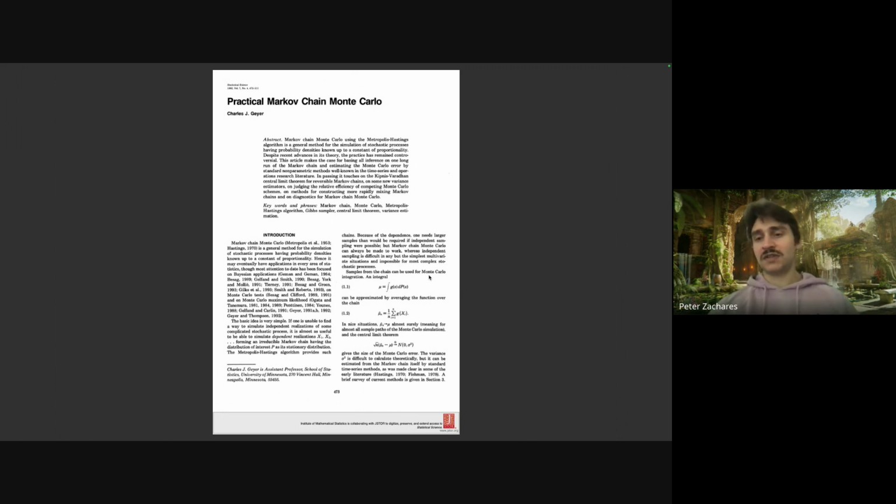If you calculate the expectation of a distribution and say it's 100, and then find out your error is 100,000, then it's not a useful estimate and you can't use it for anything. So this paper focuses a lot on how you can estimate the Monte Carlo error with MCMC, and we'll get into that a little later.